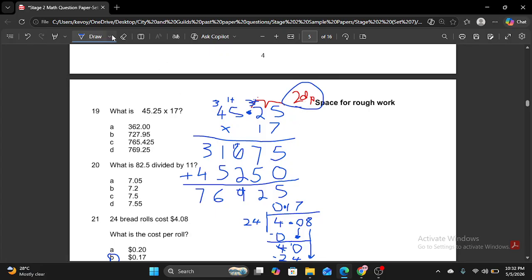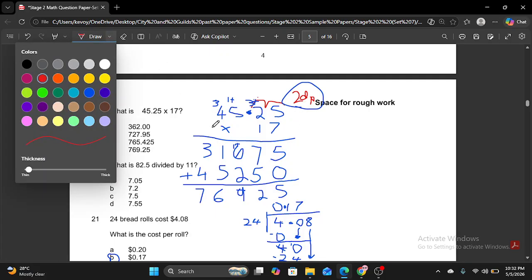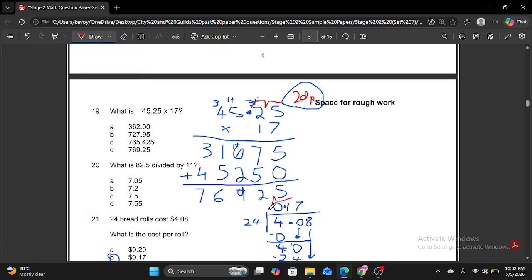So we start right here, 1, 2. So our decimal point will be right here. So that would be 769.25. So let's see if we see it right here. Remember, we're doing question 19, so 769.25. So the answer is D.